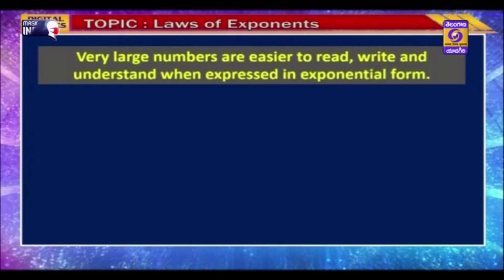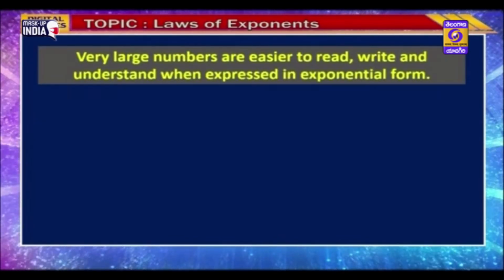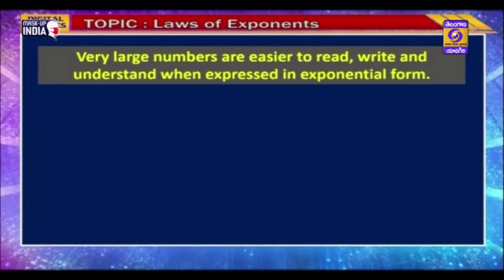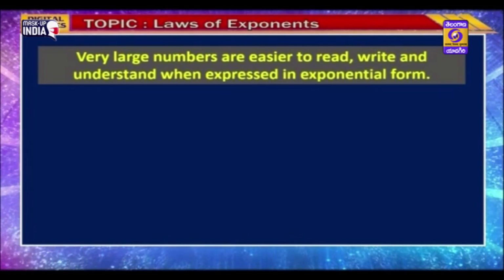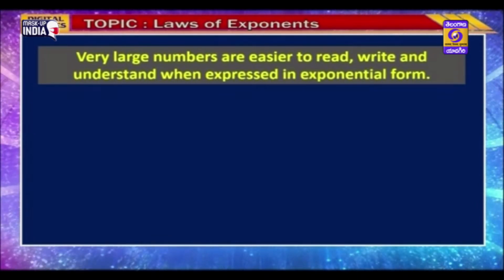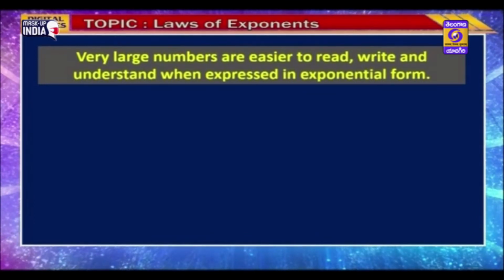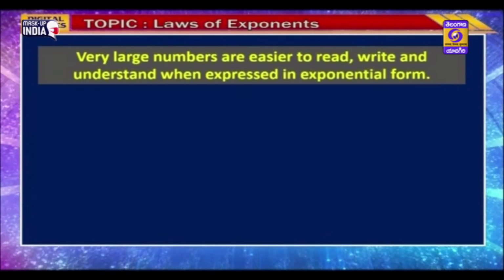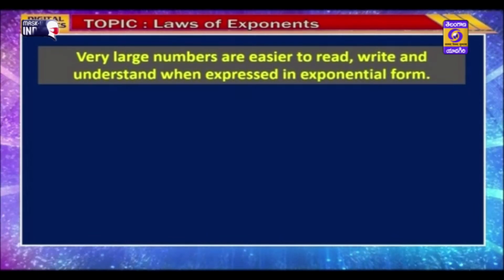These types of numbers are very lengthy, and writing them takes more time, isn't it? Therefore, is there any way to compress these numbers? Very large numbers are easier to read, write and understand when they are expressed in exponential form.